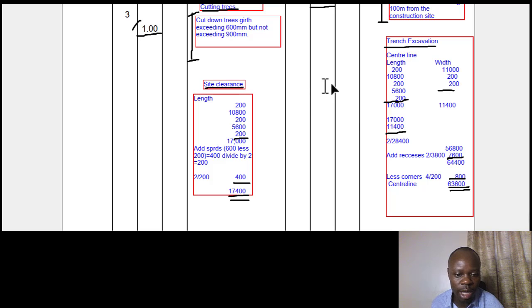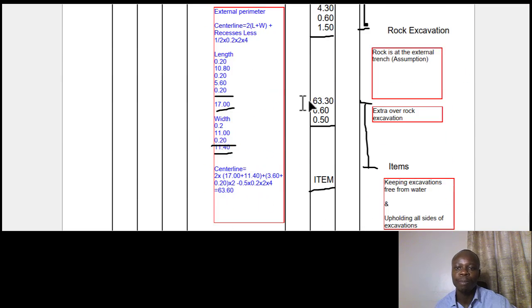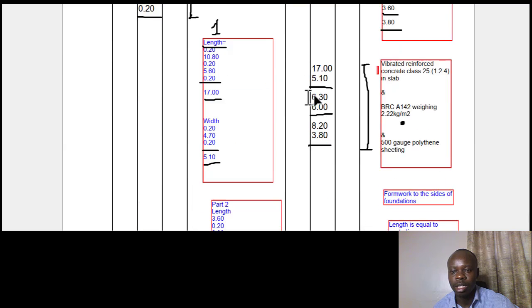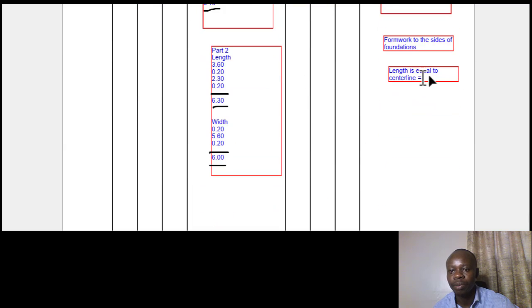Having said that confidently, because we did this quite properly, the center line we got to be 63.6. Because we had the 63.6, that is what we are going to indicate here as the center line.